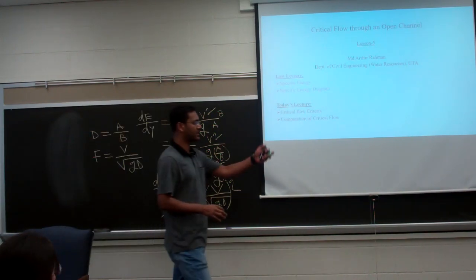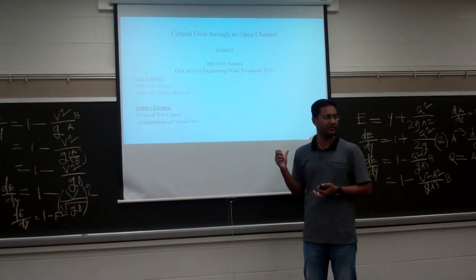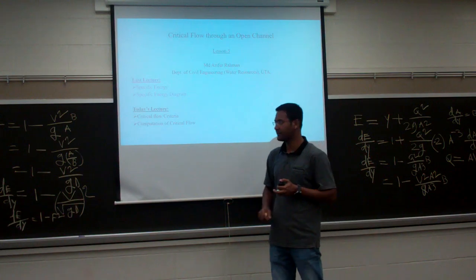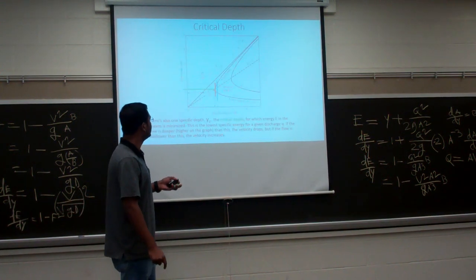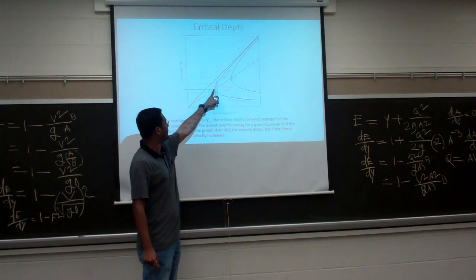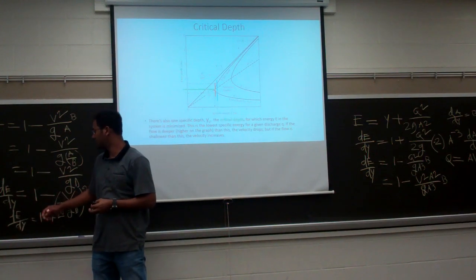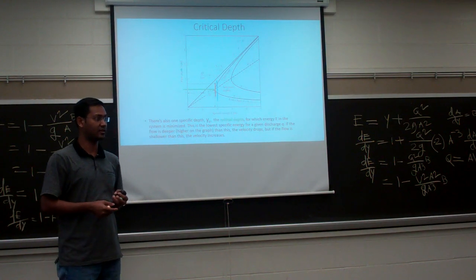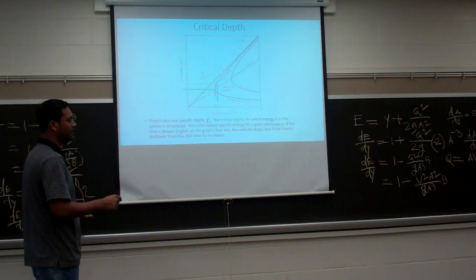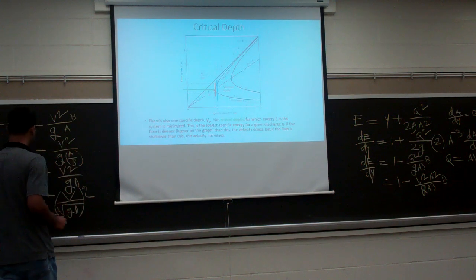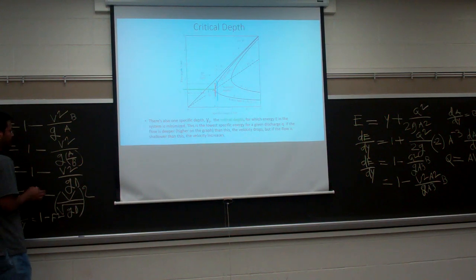So after this differentiation, I am getting the change of specific energy with respect to depth, considering the flow rate is constant. I am getting 1 minus Fr squared, right? So see here from this curve, the specific energy is minimum. So when the minimum condition occurs in differentiation, if I just differentiate our equation or function, and if I take the first derivative as 0, then I will get this one, right?